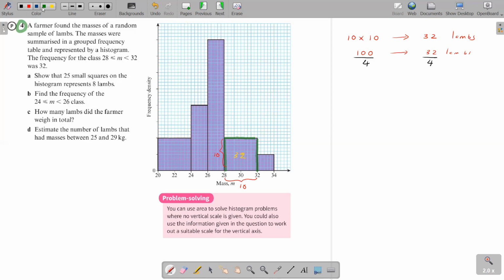So 100 divided by 4 is 25. So 25 small squares represent 32 divided by 4, 8 lambs. So 25 squares represent 8 lambs. Can you see? So that's all. Just a simple explanation is all they want.